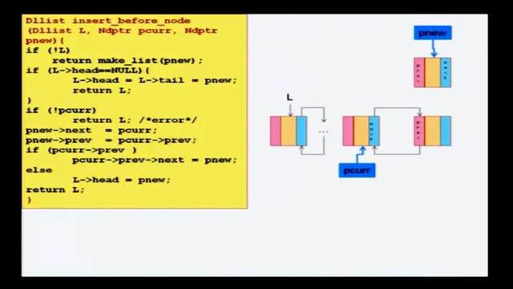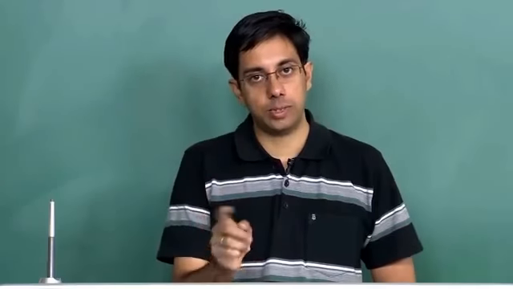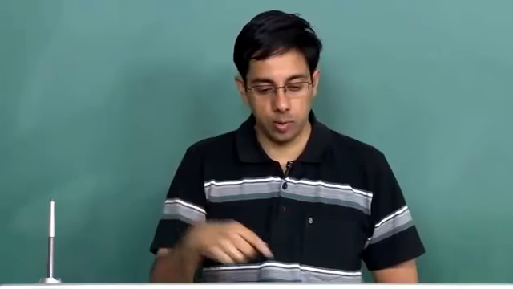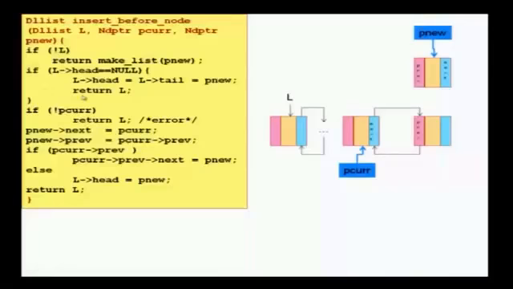Now, if the head of the list is null, then the new list contains only one node, L head will point to new, L tail will point to new. So, if the list itself was null, you create a new node. Now, the new list contains only one element. So, the head will point to that and the tail will also point to that, okay, and you return that.